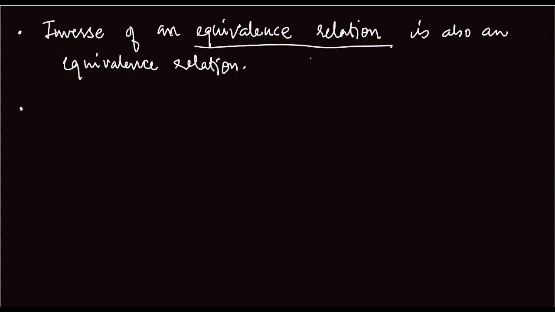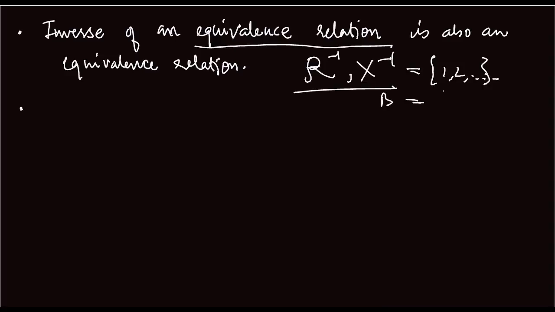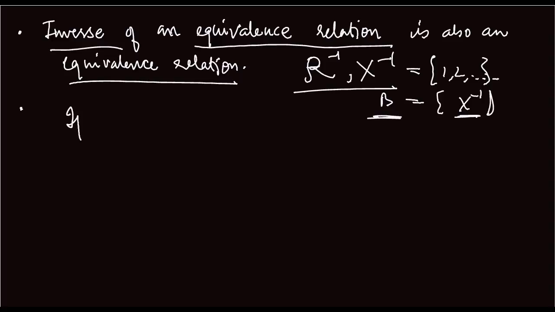It can be asked directly that if you have R as an equivalence relation, what will be the R inverse? What relation would it be? They can give you some examples with elements like 1, 2 and ask whether this given set B, which is the inverse, will also be an equivalence relation. Then you just have to think that the inverse of an equivalence relation is also an equivalence relation, and that's why this B will also be an equivalence relation.